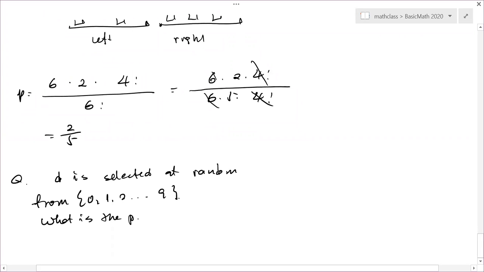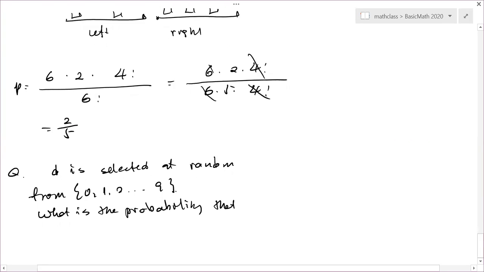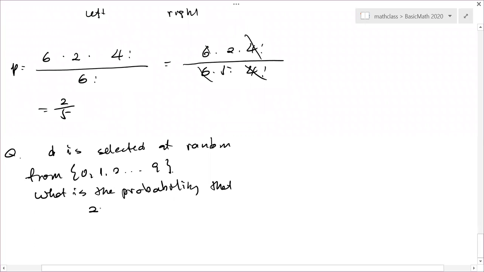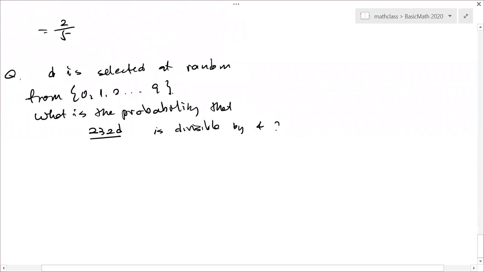What is the probability that the 4-digit number 232D is divisible by 4?